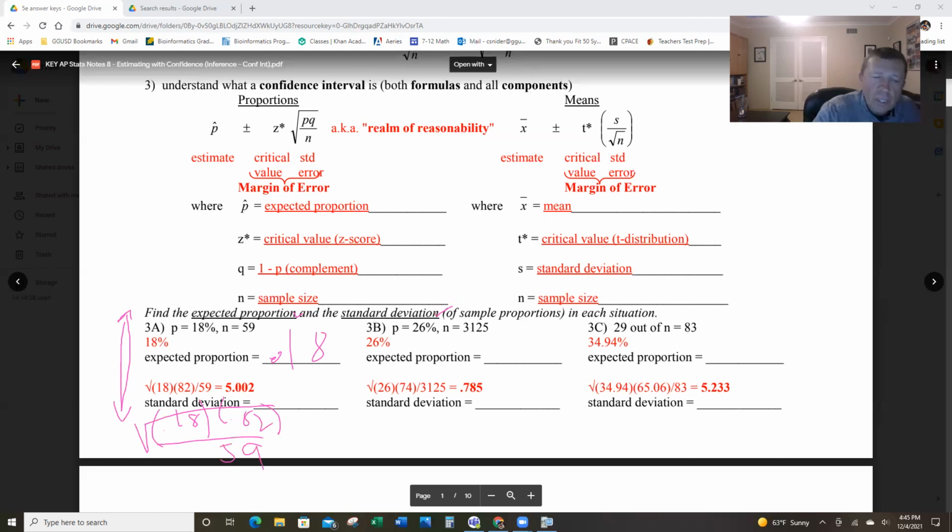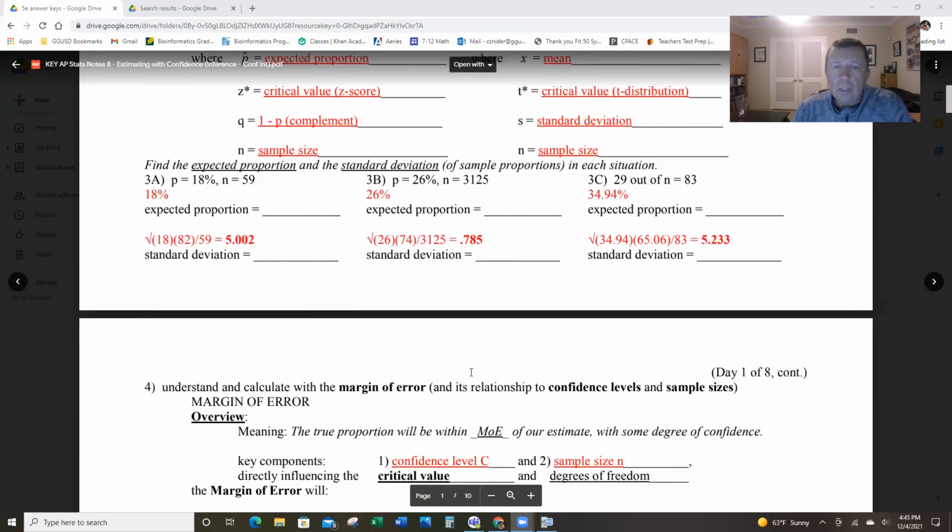And if you crunch those numbers, we did this in chapter 7, so you should be familiar with it. It'll come out 0.005, I'm sorry, 0.05002. Okay? So that's how that'll work. All right, 3B. Expected proportion is, let me slide this up just a little bit, so we have a little more room.